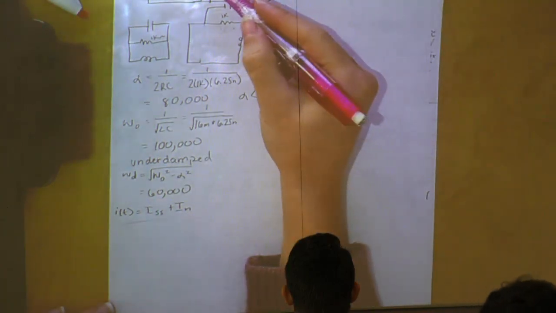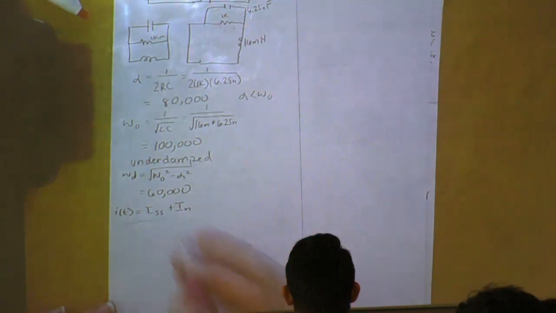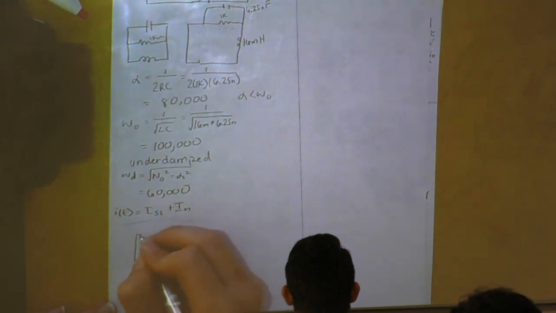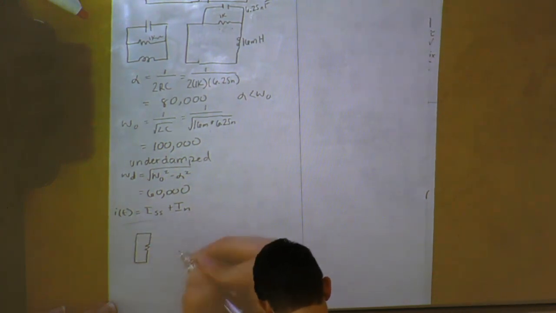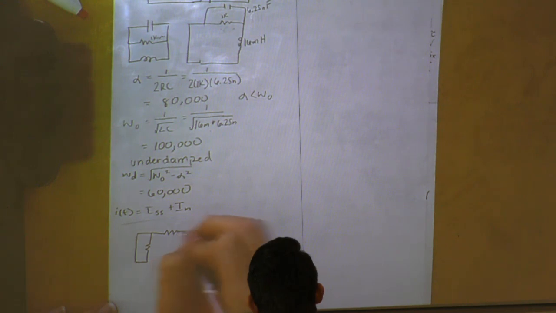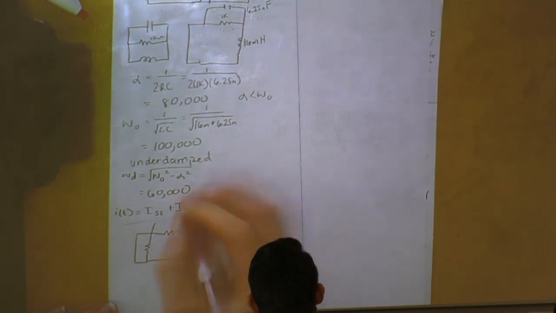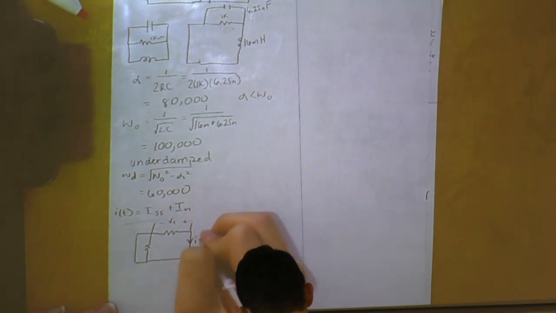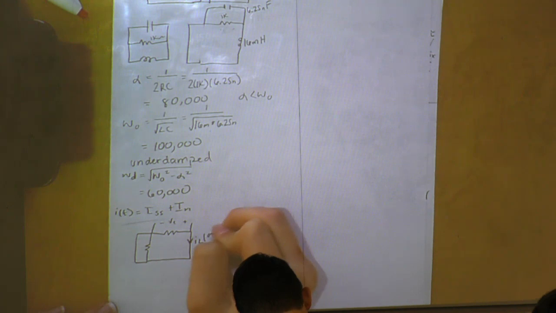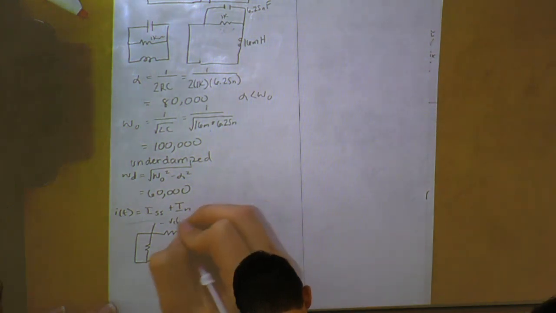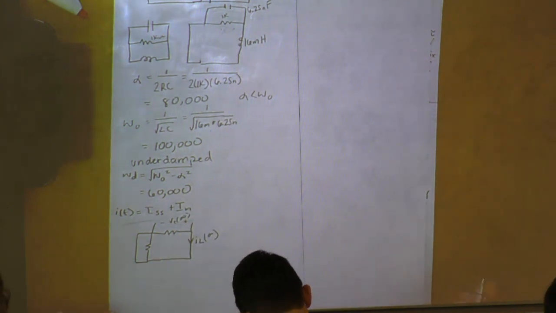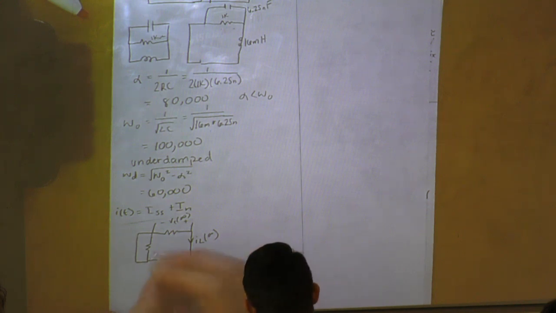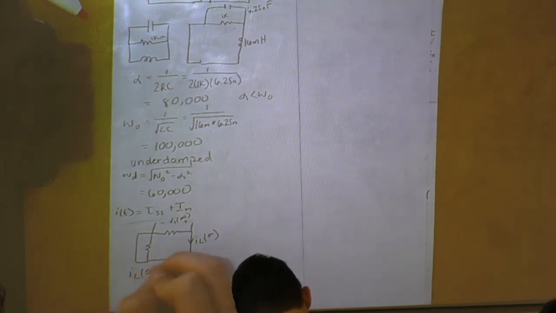That means our switch will be at B. So we'll have this short with the 4K, and all of our components will be turned off. So we'll just have this open circuit of VC and our IL. So both of our VC of infinity and IL of infinity are 0.